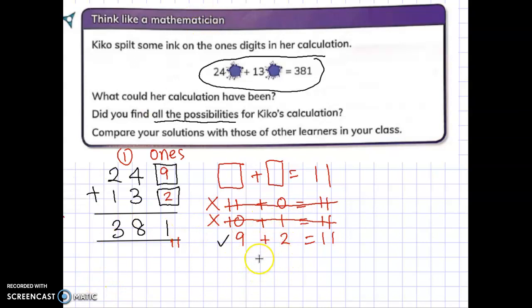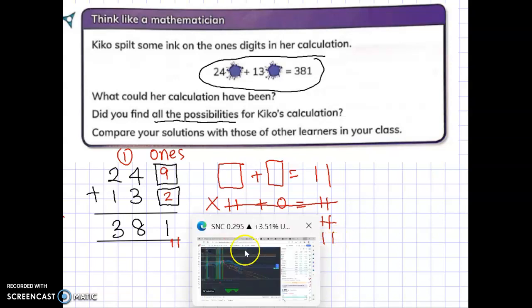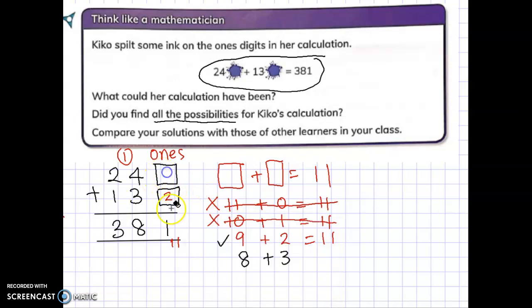Now let us try the next possibility. 8 plus 3 also equals 11. And here we find that we can fit 8 and 3 as well. Right. Now let's look at the next possibility.